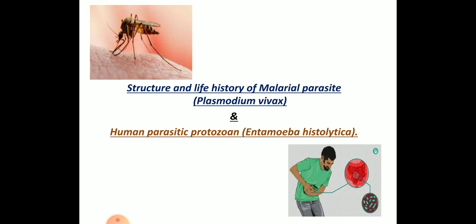One more disease we will be studying is Entamoeba histolytica, which causes dysentery. So these are the two life histories, their cycles, their structures and their variations. First, let's begin with Plasmodium vivax, which causes malaria.